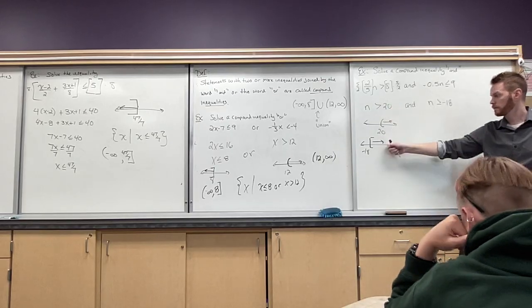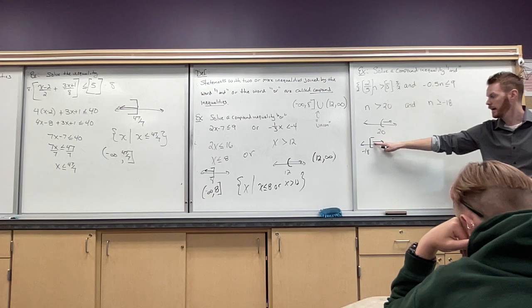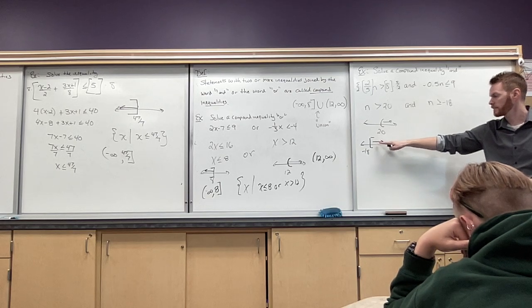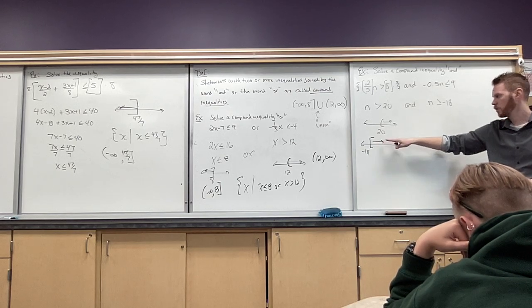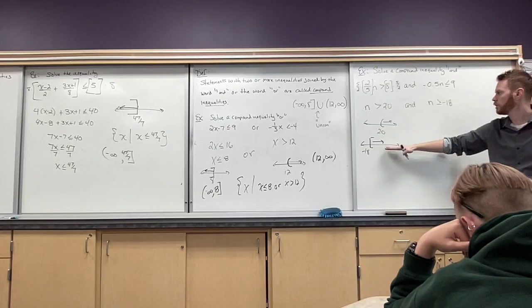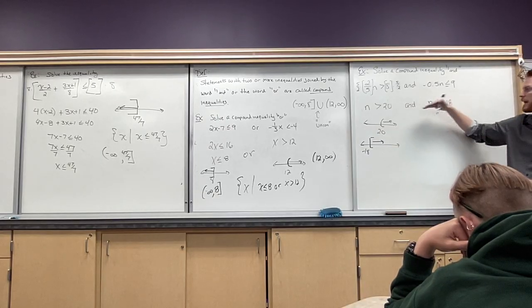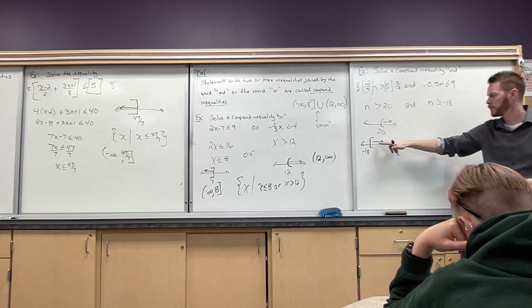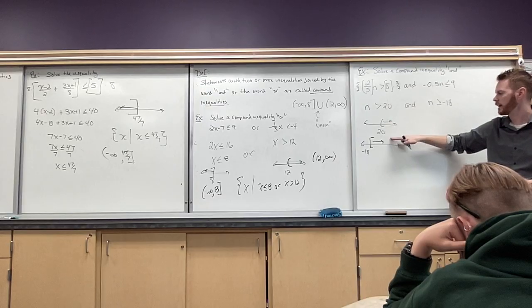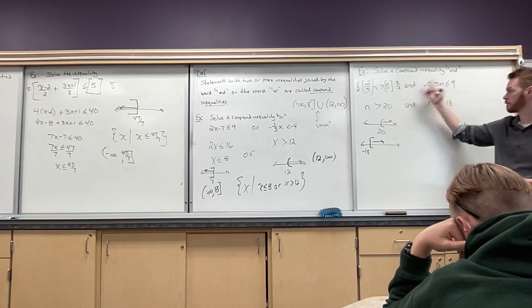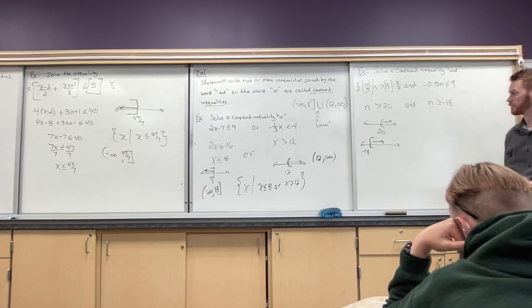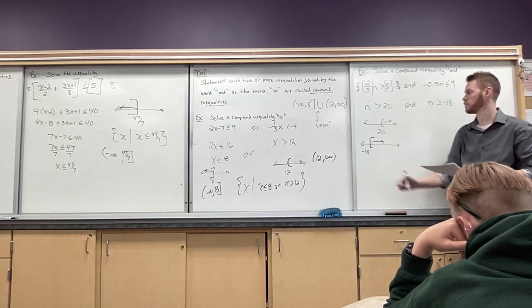Because visually we can see that negative 17, negative 16, negative 15, 0, 1, 2, 3, that only works for this. But because it's an and, it has to work for both. But this will eventually overlap with this guy where they're both good for each of these inequalities. So that's why I'm only considering this as my solution set.